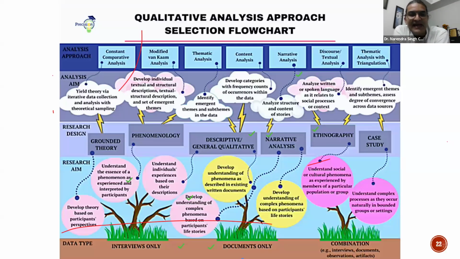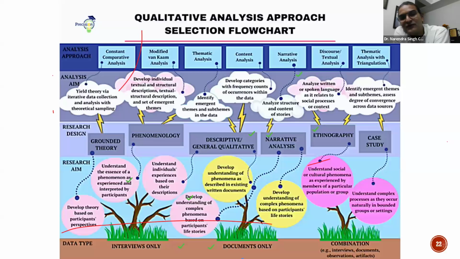Now see, narrative analysis. So if you really want to go for descriptive general qualitative to identify emergent themes and sub-themes in the data, content analysis you can go for if you want to develop categories with frequency counts and occurrence within the data. Okay, this is what we do when we do coding, this content analysis. Narrative analysis is done when I want to analyze the structure and content of stories.